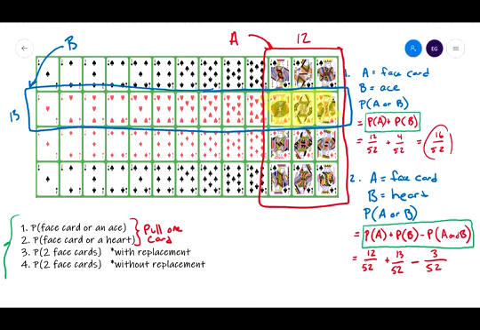So 12 and 13 is 25, minus the 3 we double counted, so that is 22 out of 52. If your events are not mutually exclusive, not disjoint, you have to subtract off the probability of one object in the sample space being part of both outcomes.